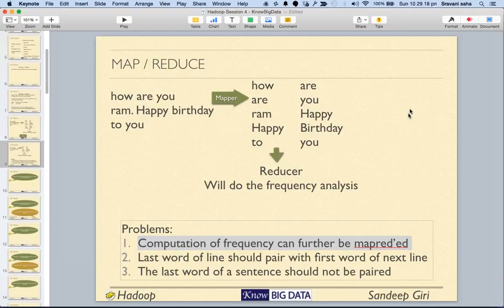Just think about an alternate solution. If you think a little bit more, you can come up with a strategy for how our map should give out the key value, and then you will be able to solve this problem. I'm very confident that you will be able to solve it, and I leave that problem to all of you to come up with a strategy to handle first, while I explain how to solve the second and third problem. All right?